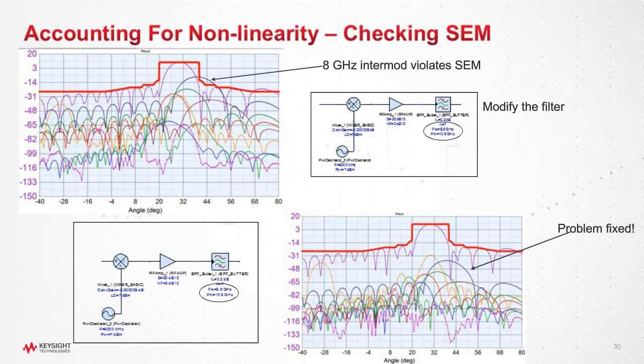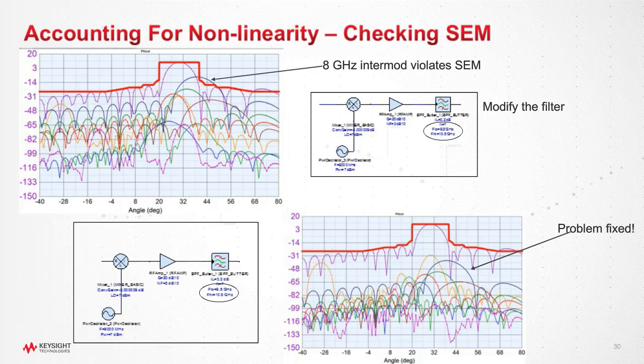Now, one solution to fix this problem is to modify the filter after the amplifier, before the spectrum enters the phased array front-end electronics itself. What we have done here is that the filter was initially going from 9.2 to 10.8, a slightly wider opening of the filter.